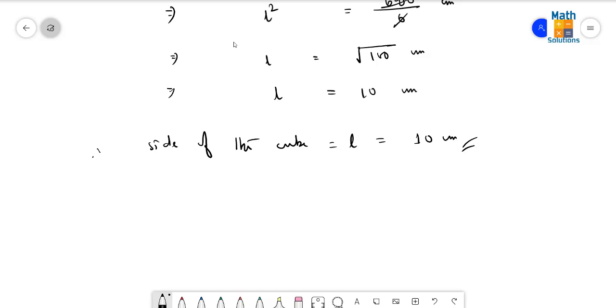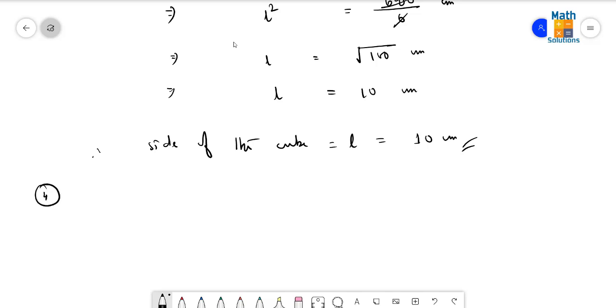After that, coming to question number 4, what is given? Ruxar painted the outside of the cabinet of measure 1 meters into 2 meters into 1.5 meters. How much surface area did she cover if she painted all except the bottom of the cabinet? So let the cabinet be given like this.